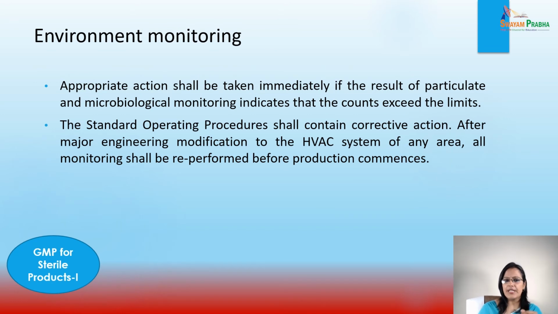Now appropriate action shall be taken immediately if the results of the particulate and microbiological monitoring indicate that the count exceeds the limit. That means if anything goes wrong, action is taken immediately by the maintenance and monitoring department to control any chances of contamination, right?